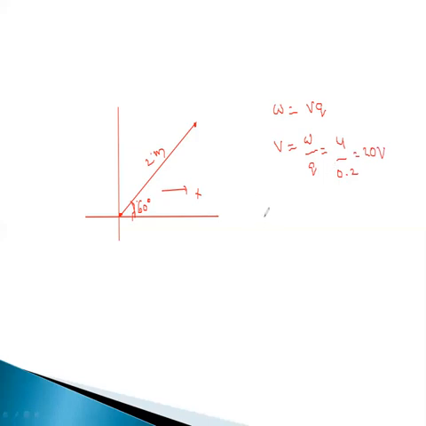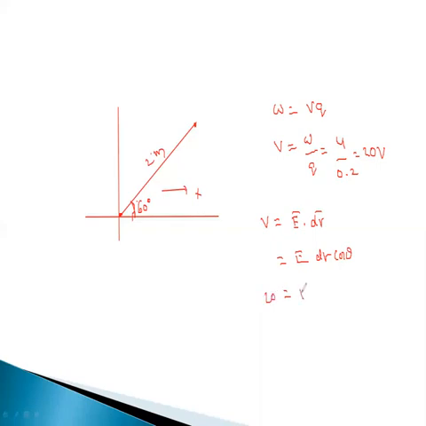What is the relation between electric field intensity and potential difference? Potential difference V equals E bar dot dr bar. In this particular case, this is E into dr cos theta. The E value we don't know, the potential difference we know.